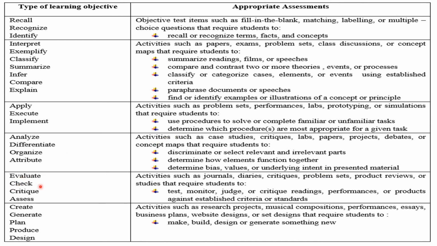In evaluate, we will use the appropriate assessments such as test, monitor, judge, critique readings, performances, or products against established criteria or standards. And last, when we use the learning objective in terms of create, generate, plan, produce, design, the appropriate assessment that we will use is make, build, design, or generate something new.